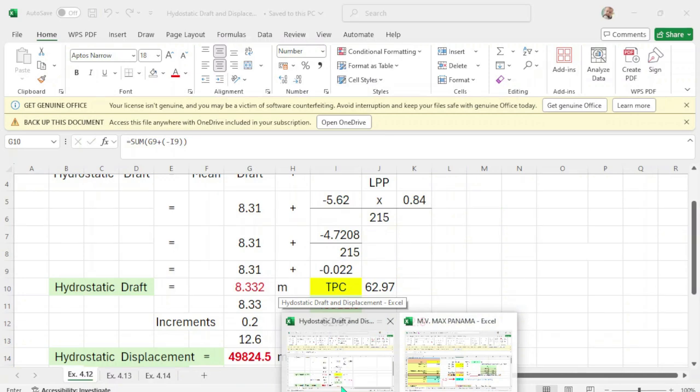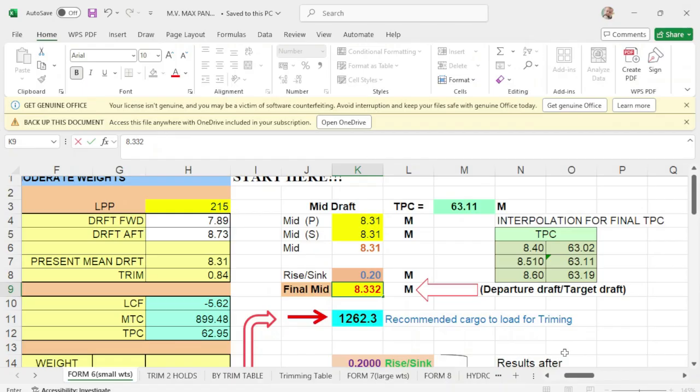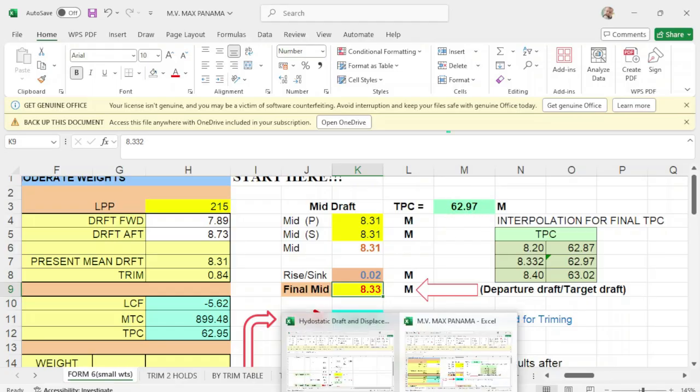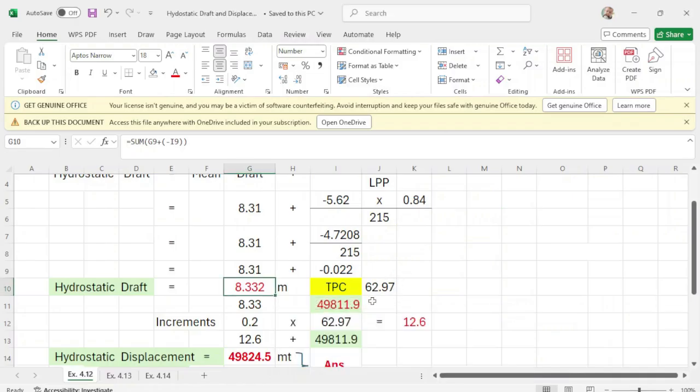Take note of the TPC. When I press enter, the TPC should be 62.97. What is the TPC? It is 62.97.